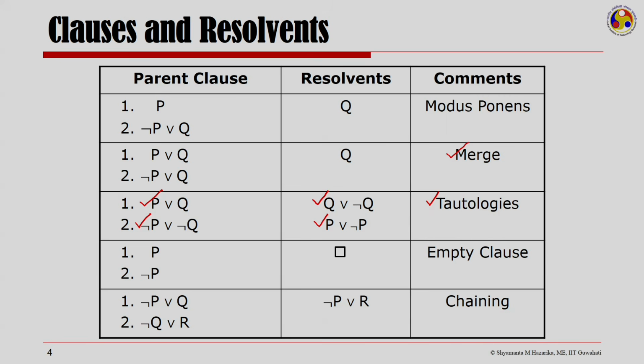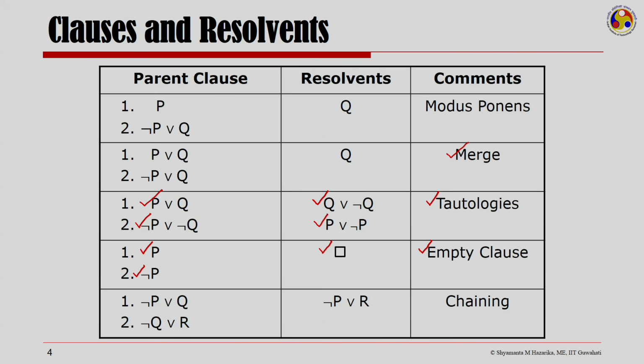Here I have two clauses now, P and not P. If I resolve them, I end up having the empty clause. Now, this is written by an empty box. That is the representation that we will use here for an empty clause.